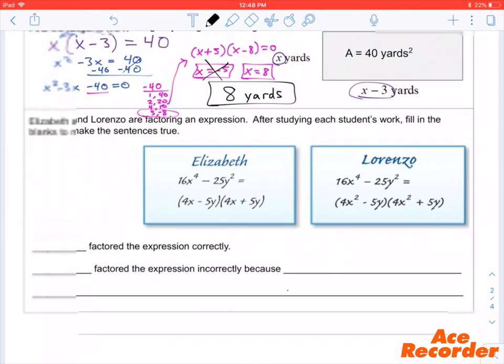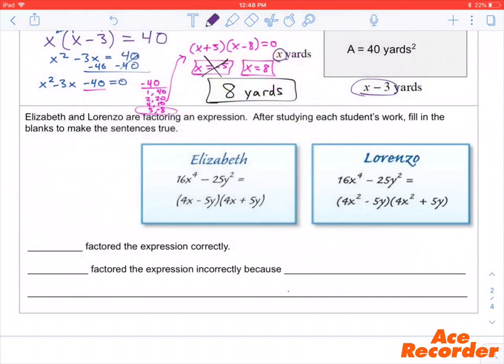Okay, so this is where you kind of write it in your own words, but in this case, Lorenzo factored it correctly, while Elizabeth factored it incorrectly because why?